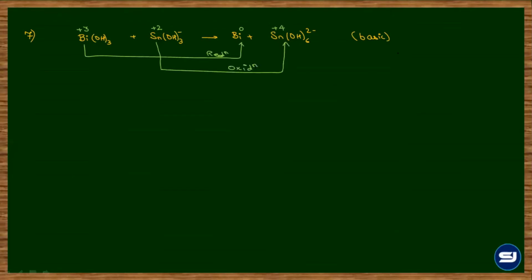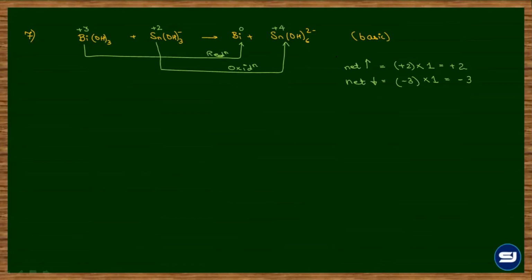Then step number 3, we find the increase per atom and then multiply by number of atoms present to get the net increase. So the increase is for Sn from +2 to +4. So the increase is +2 and the number of Sn on both sides is 1 only. So the net increase will be +2. Net decrease for Bi will be -3. Number of atoms is 1. So here it will be -3.